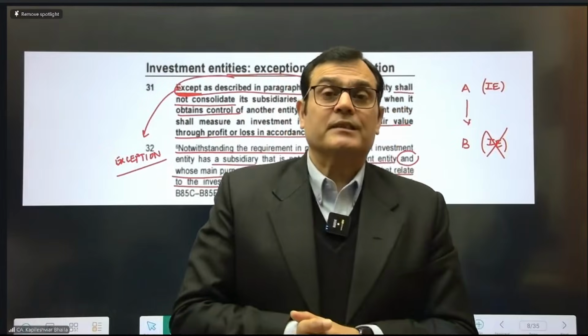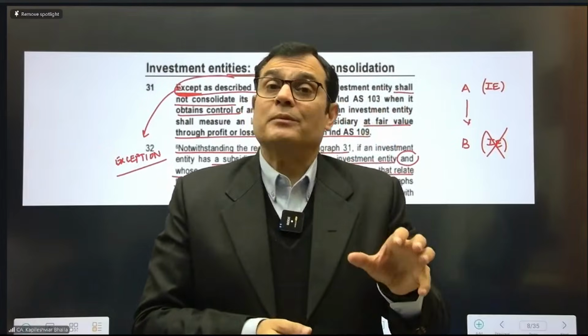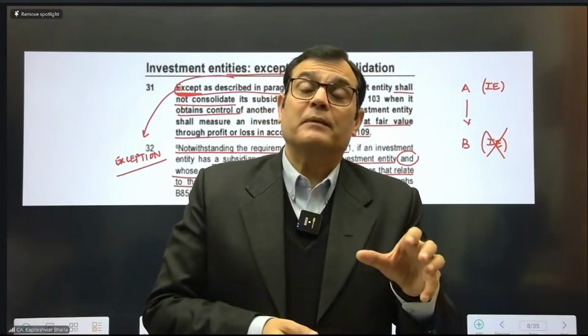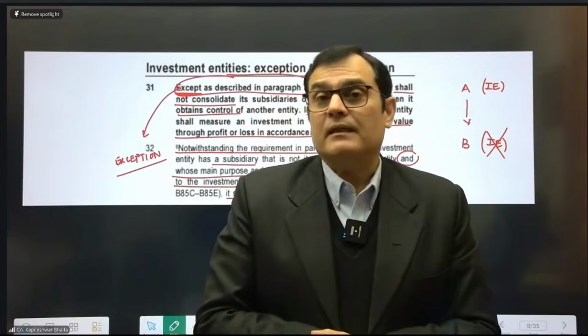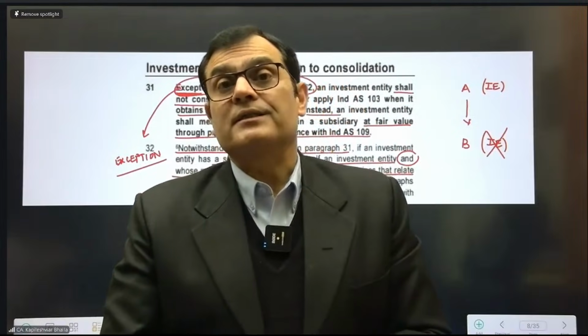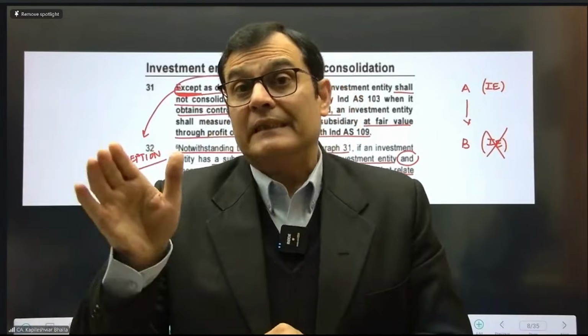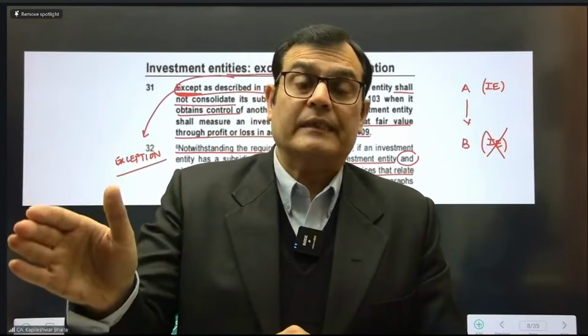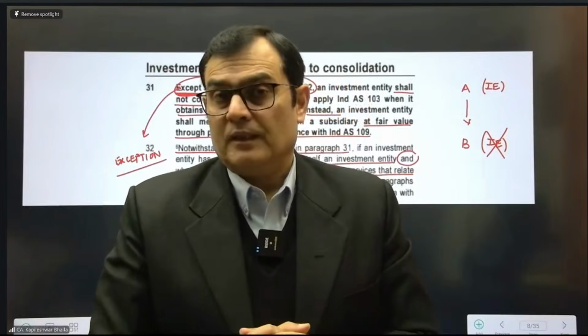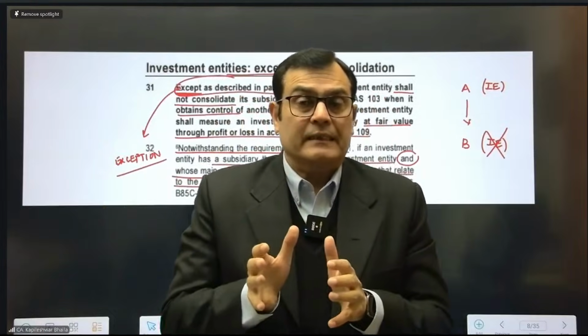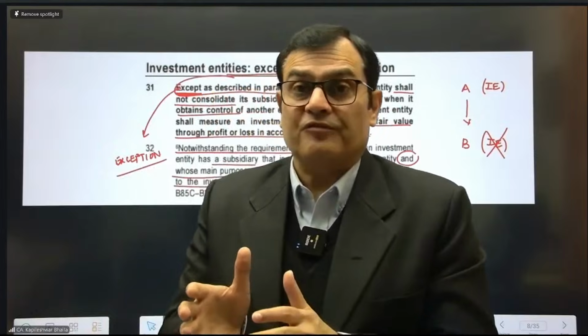There are cases in the practical world under AS 21 where even SEBI pinpointed that many parent companies were not consolidating their subsidiaries, claiming it was a temporary investment, but the intention was not to consolidate a loss-making subsidiary.